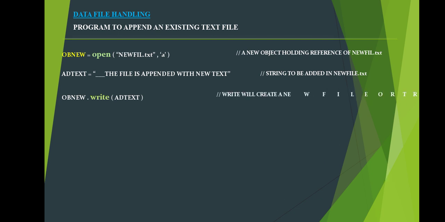This will write the text into the existing file, and it will be appended. The previous content will not be removed. Afterwards, let's close it. This close function will close the file, and before proceeding we need to close it since we have opened it.